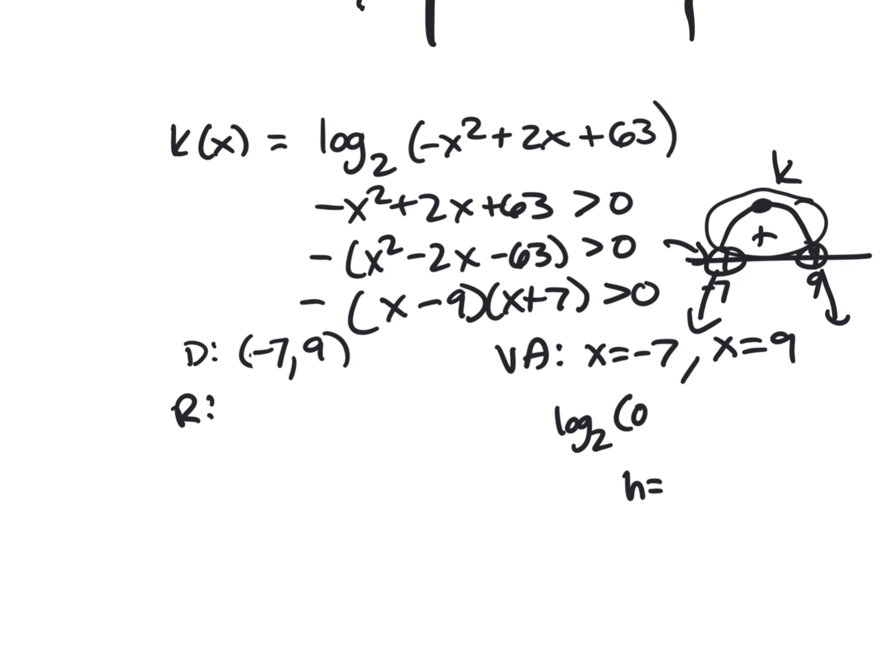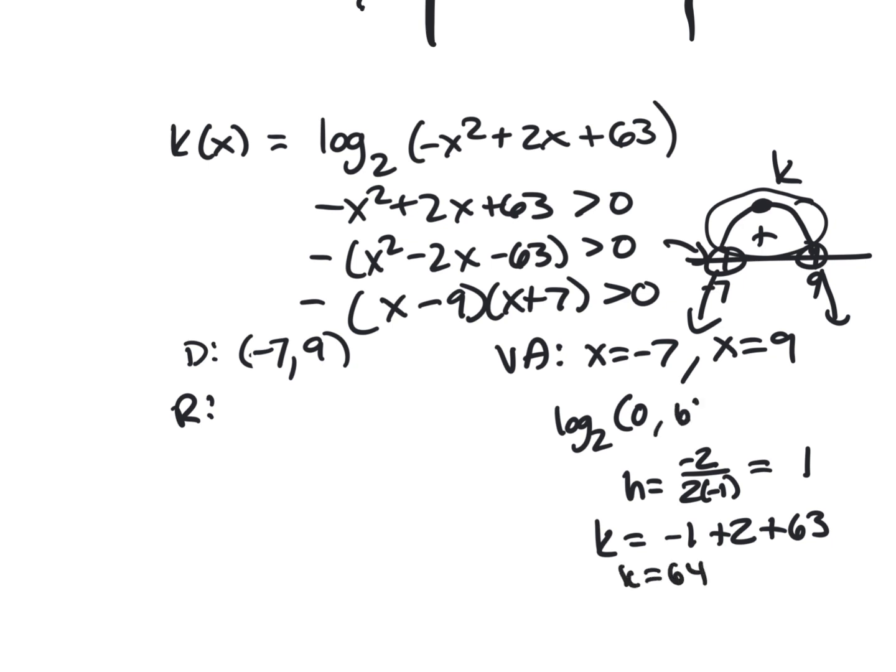The x-coordinate of the vertex is negative b over 2a, so negative 2 over 2 times negative 1, which is 1. And the k value is plugging it back in: negative 1 plus 2 plus 63, so 64. Oh, that's nice. So the high value is going to be 64.